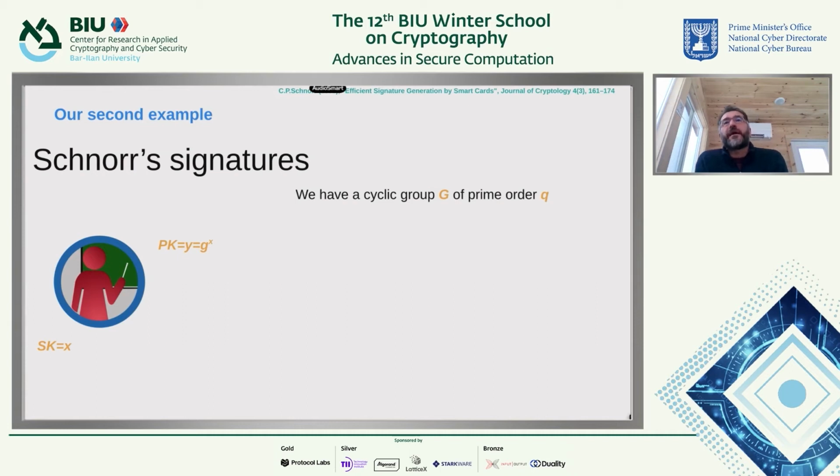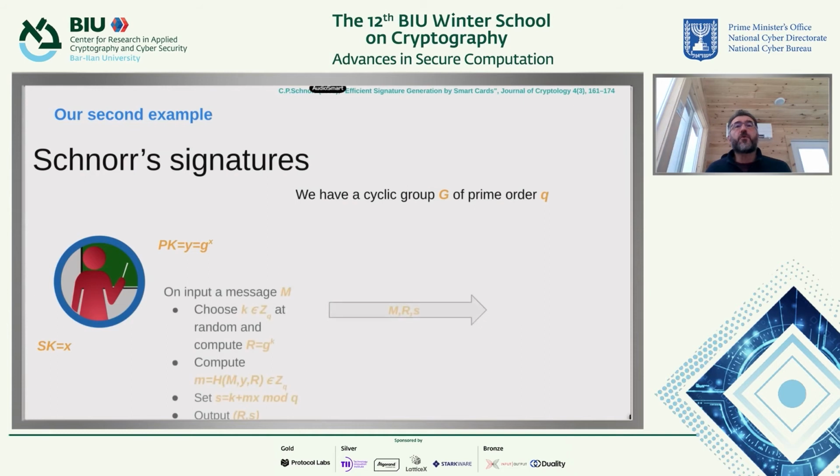So Schnorr, again, we have a cyclic group G of prime order Q. For people who don't remember how Schnorr works: on input a message M, you choose a random nonce K in Z_Q and compute R equal to G to the K. Then you hash everything, the message, the public key, and the nonce, and obtain an element in Z_Q.